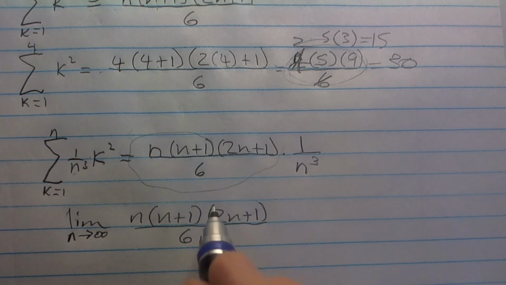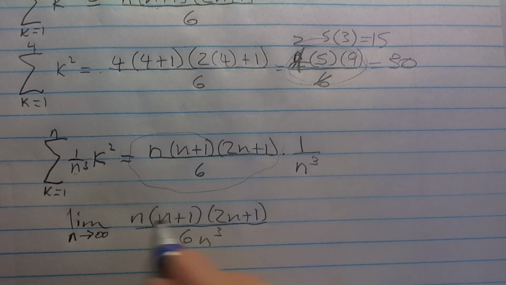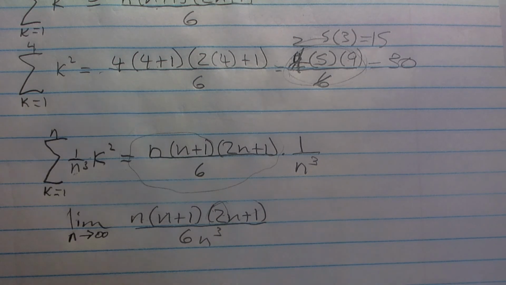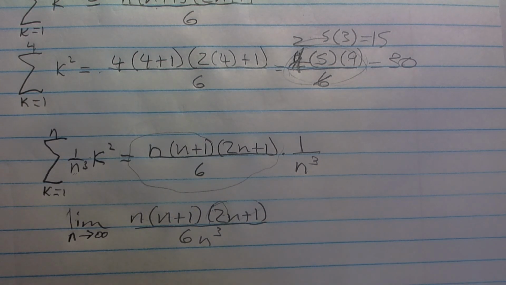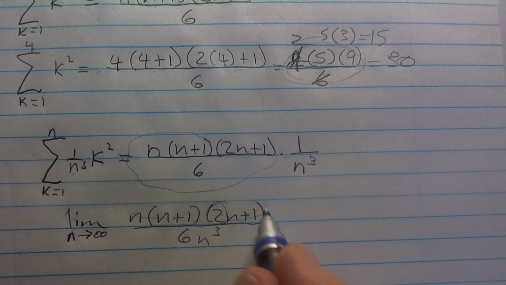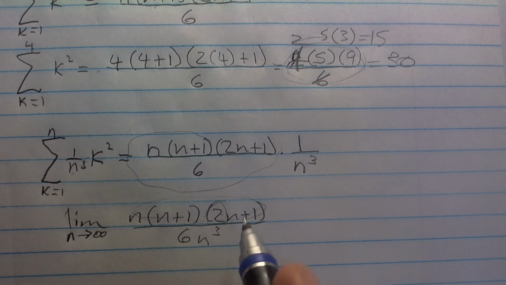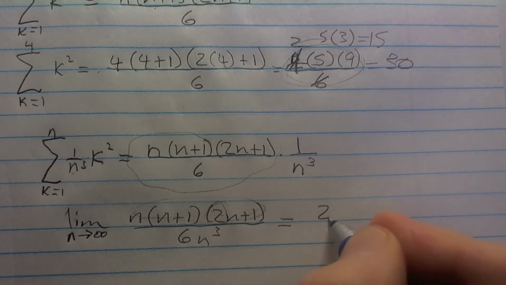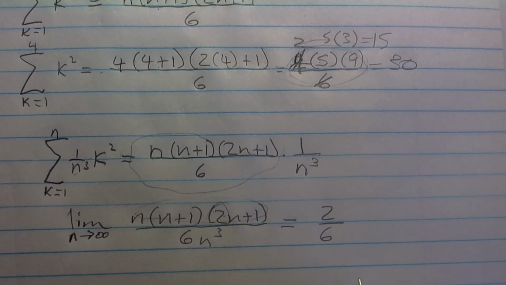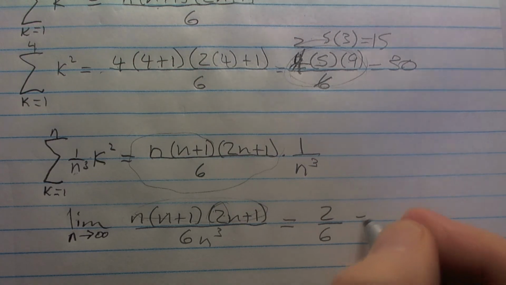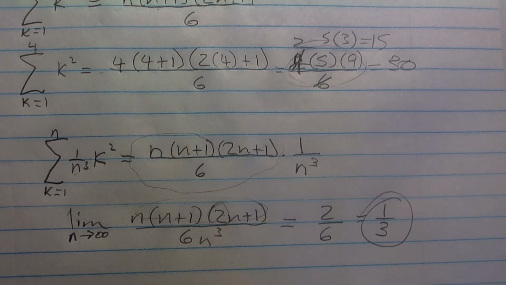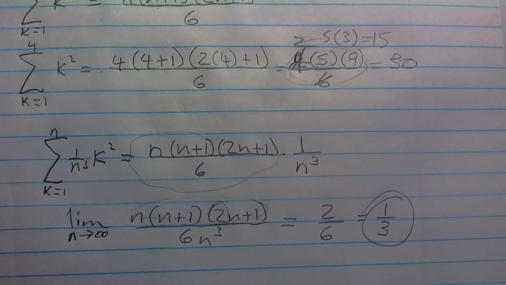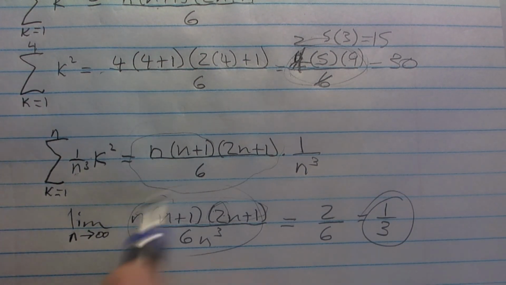Now, the degree on the top, you can see, is 3. The leading coefficient up top is going to be 2. In other words, when I multiply all this out, I get 2n cubed and then some other terms. So this is going to equal 2 over 6, which is 1/3. That is the limit of this Riemann sum.